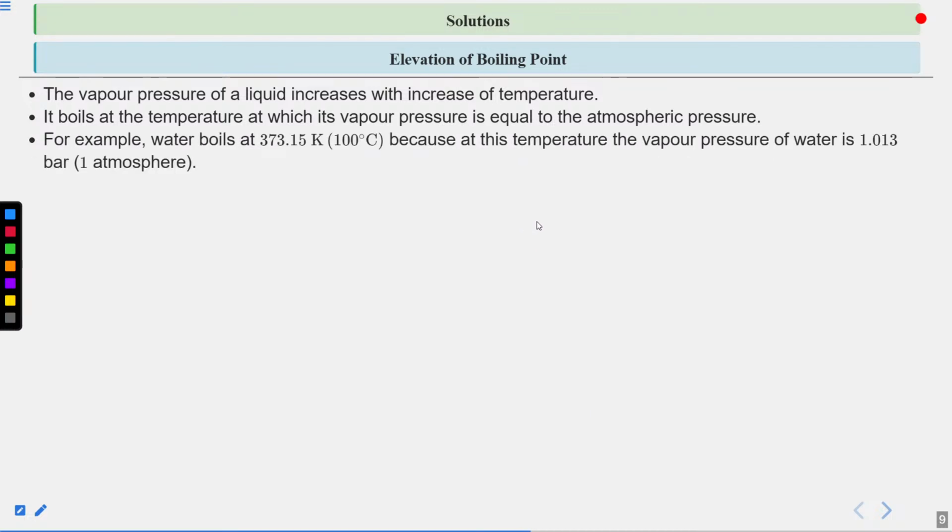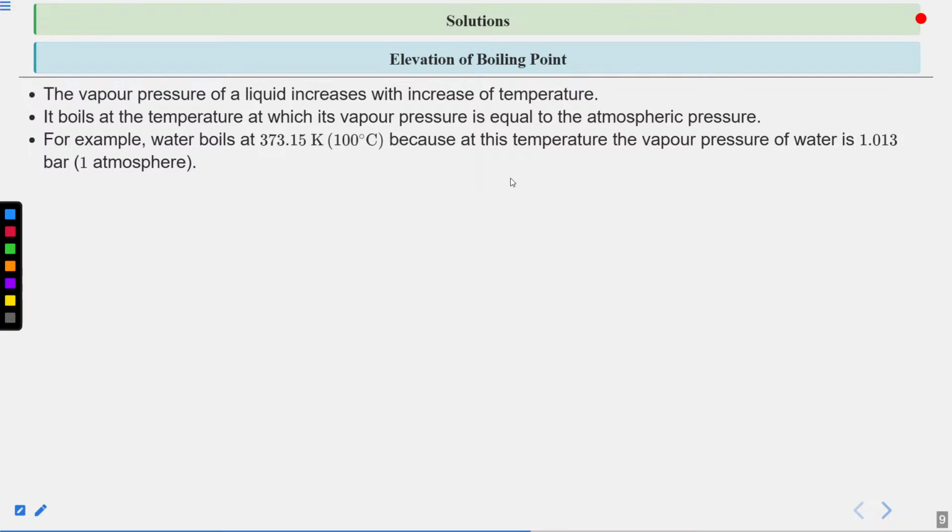So the vapor pressure should be equal to the atmospheric pressure for boiling. This is the condition for a boiling liquid. Now if you add a non-volatile solute, then the vapor pressure will decrease. Hence you will have to apply more temperature to make your vapor pressure equal to the atmospheric pressure.